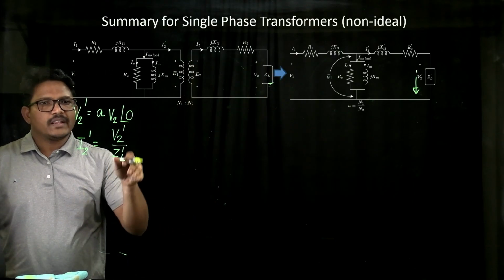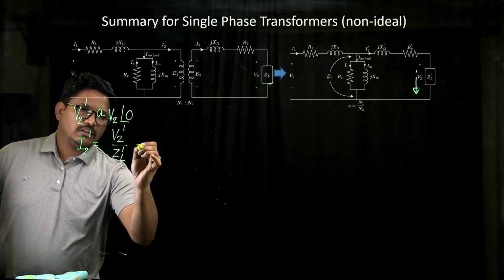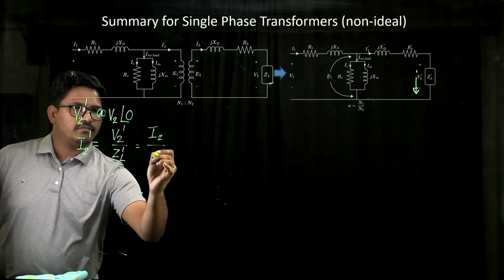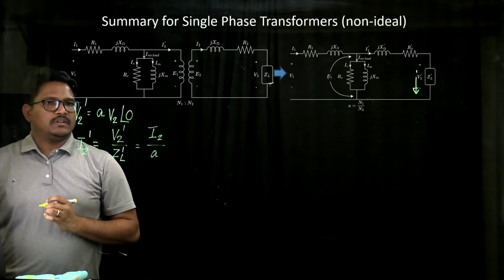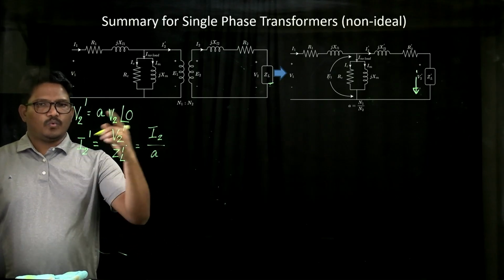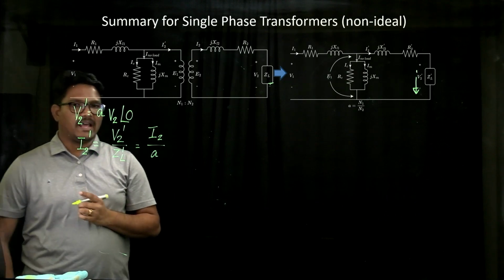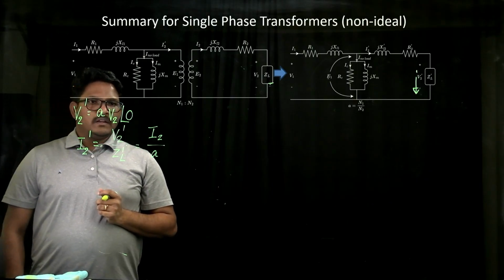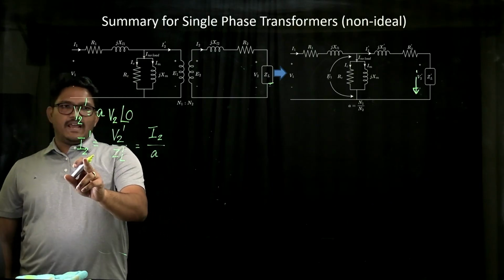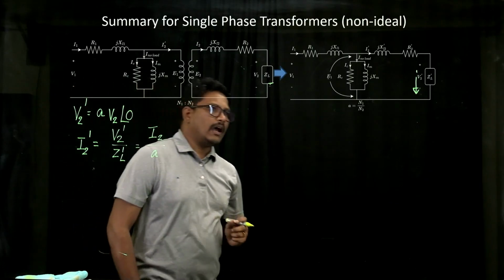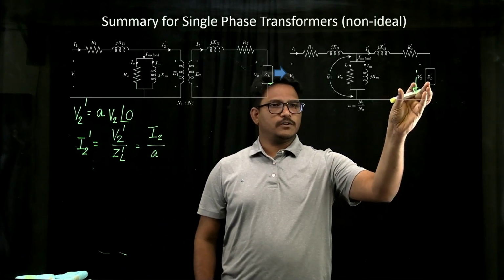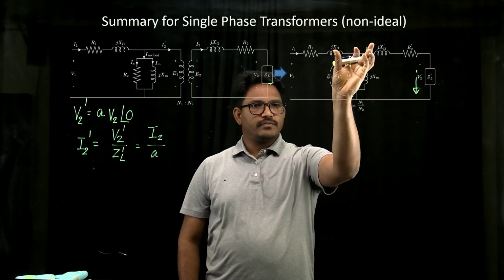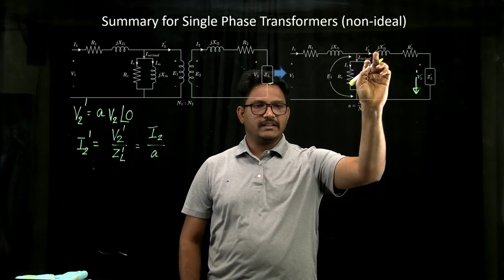But if you already know the value of I2, then you can also write that as I2 upon A. So these are all vectors that we have been calculating because they are associated with complex numbers. Now, provided you have your I2 dash and V2 dash, have a look at this equivalent circuit: you know the value of V2 dash, and you also know the value of I2 dash flowing in this branch.